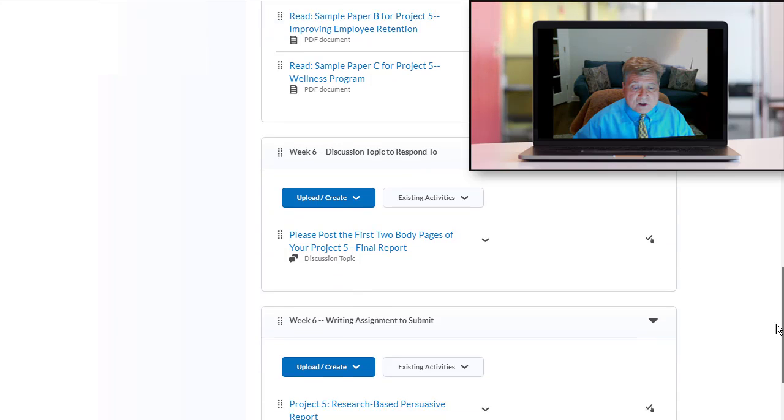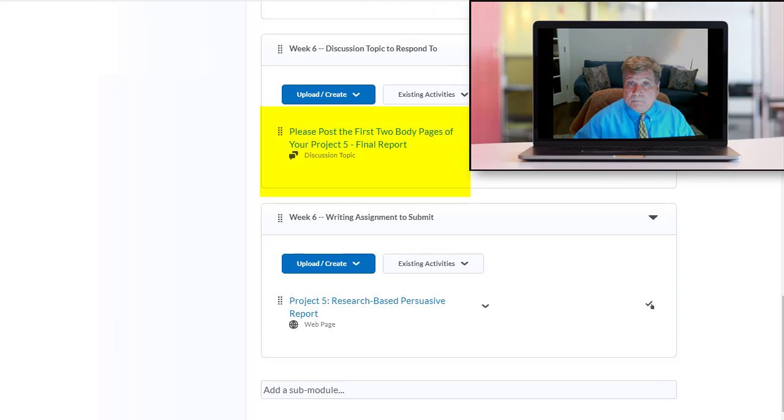Okay, now in your discussion board this week, you're going to post, indeed, the first 2 body pages of your report. That can include your introduction page as well as the body pages that follow after your introduction. Your introduction is considered part of the body of your report. So post those first 2 pages so that they can be reviewed really carefully.